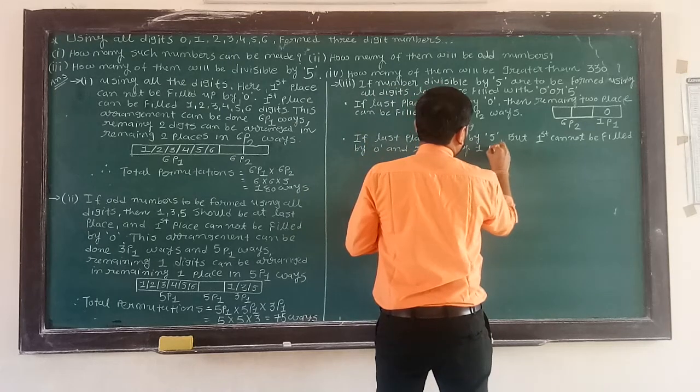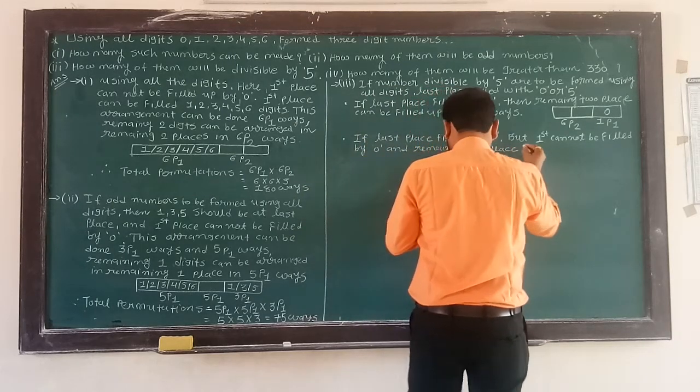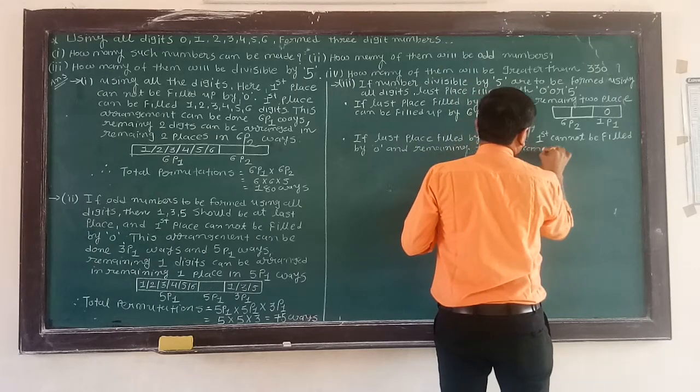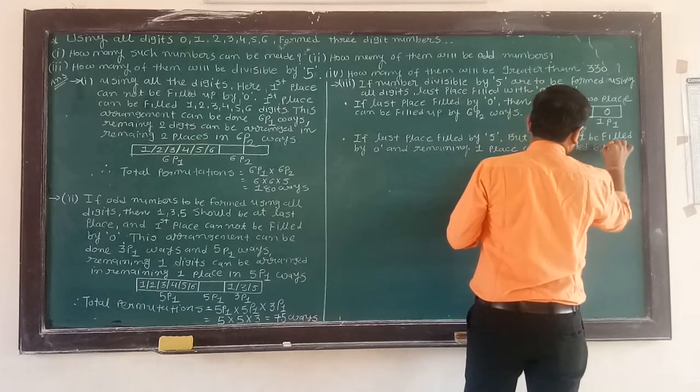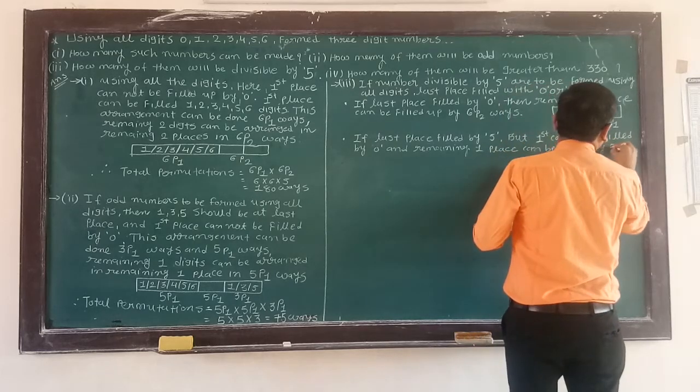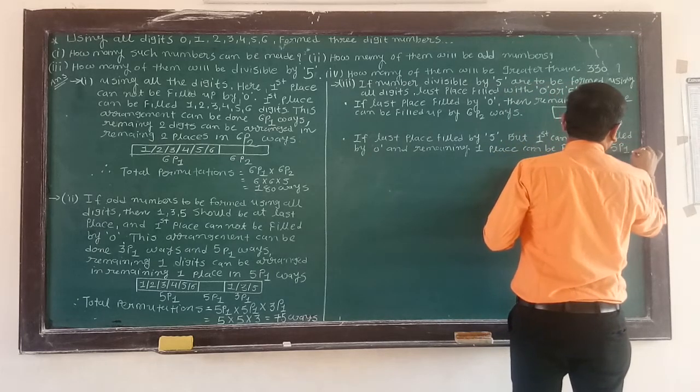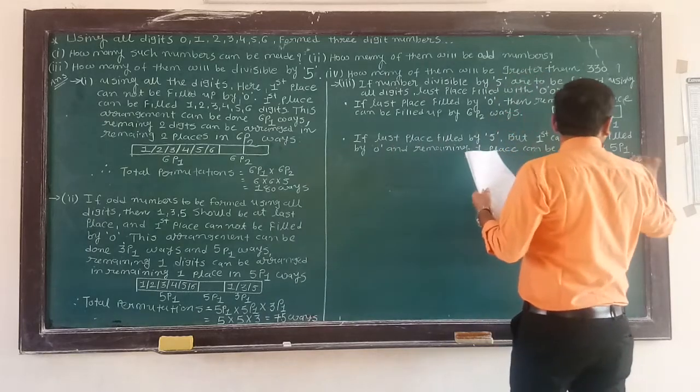The remaining 1 place can be filled 5p1 ways.